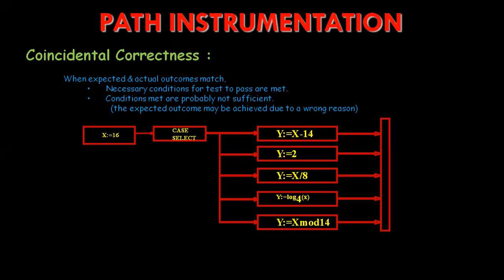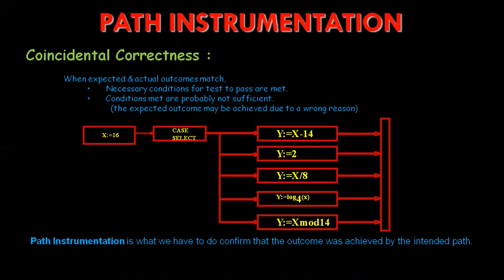Let us see path instrumentation. Path instrumentation is a general strategy that we are going to use. It is a technique used for identifying whether the outcome of a test is achieved through the desired path or through the wrong path.